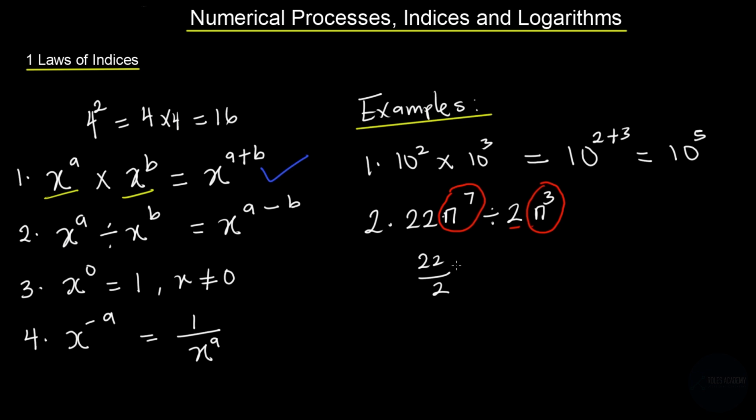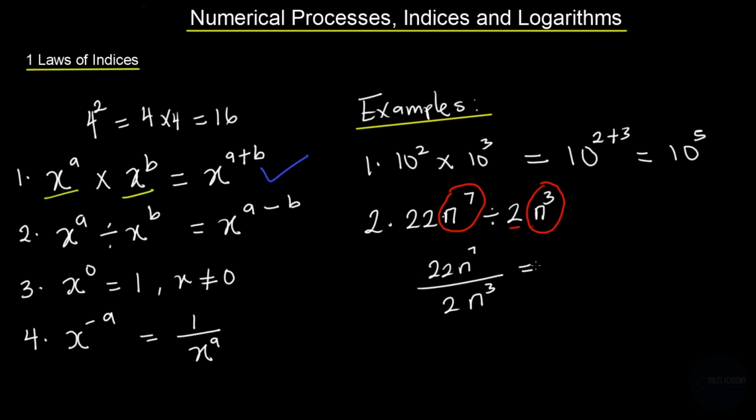and then, let me go another way so that we can further understand this. Let's say we want to write this using long division. You can say 22 n to the power of 7 divided by 2 n to the power of 3.